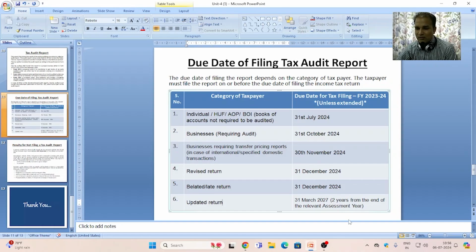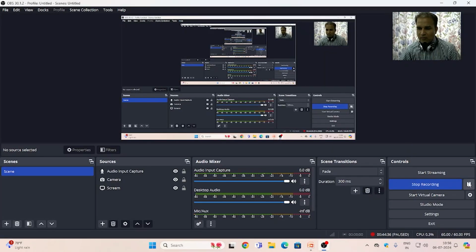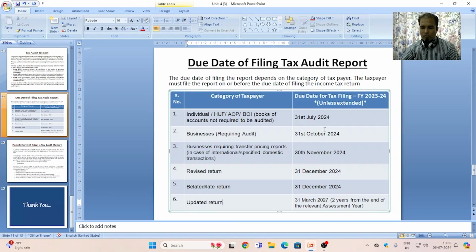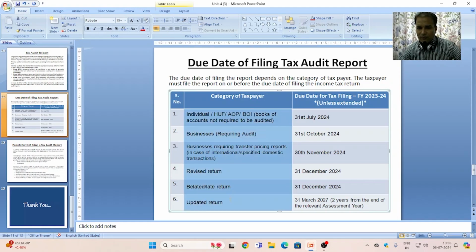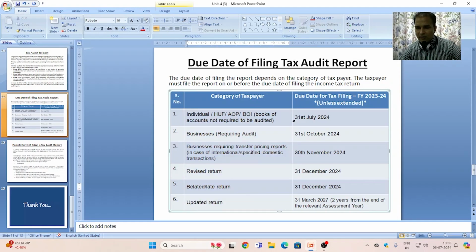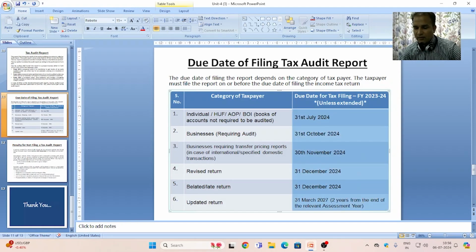So these are the cases where the tax audit is completed and the tax audit report is filed with ITR, and these are the various categories of taxpayers and the last date to file ITR regarding income tax for respective categories of taxpayer.